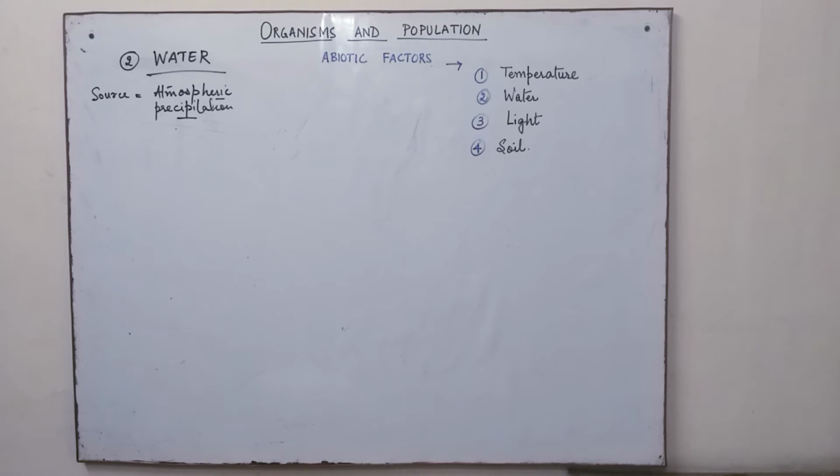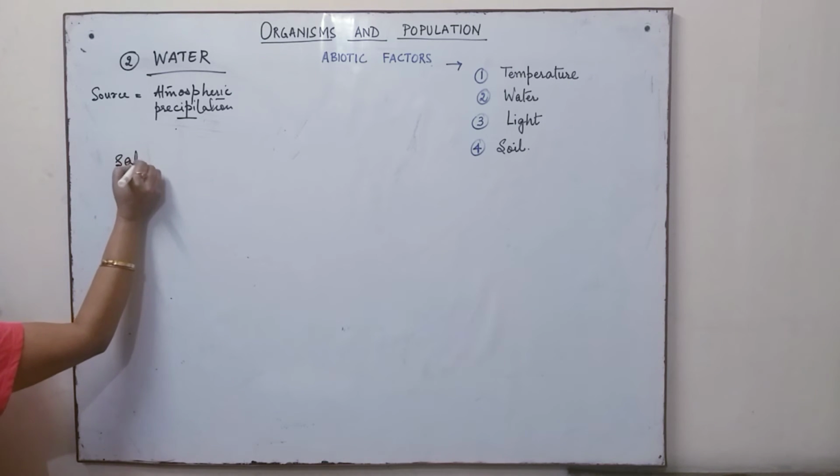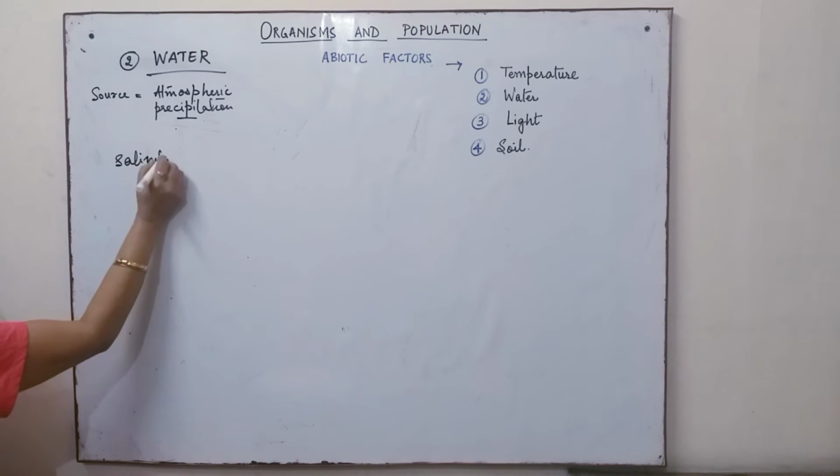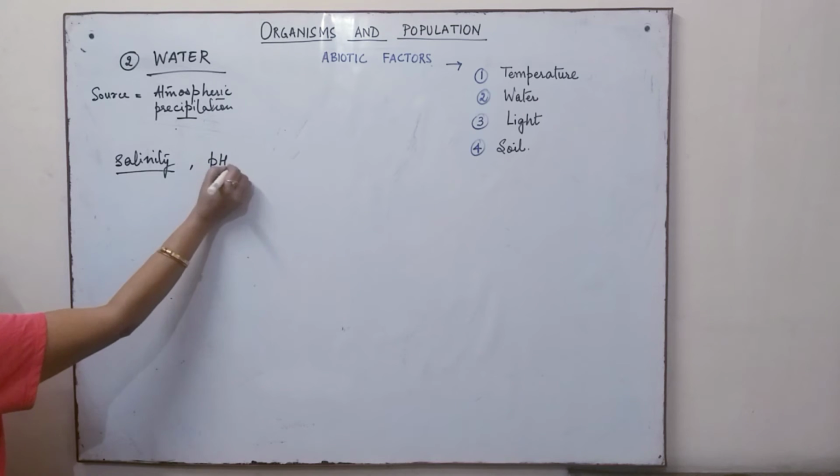Now, let's talk of the aquatic organisms. Aquatic organisms are in water itself, but there also we find that within the aquatic habitat, the distribution of organisms is mainly governed by the salinity, that is the content of salts in the water, and the pH of water.